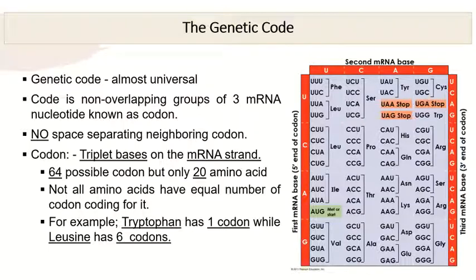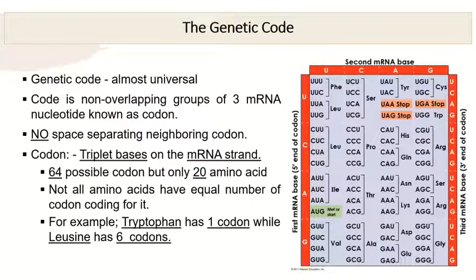So we have about 64 possible codons with only 20 amino acids coming from only 4 bases, which are U, C, A and G. And not all amino acids have an equal number of codons coding for them. For example, let's have a look at the table at your right side there.